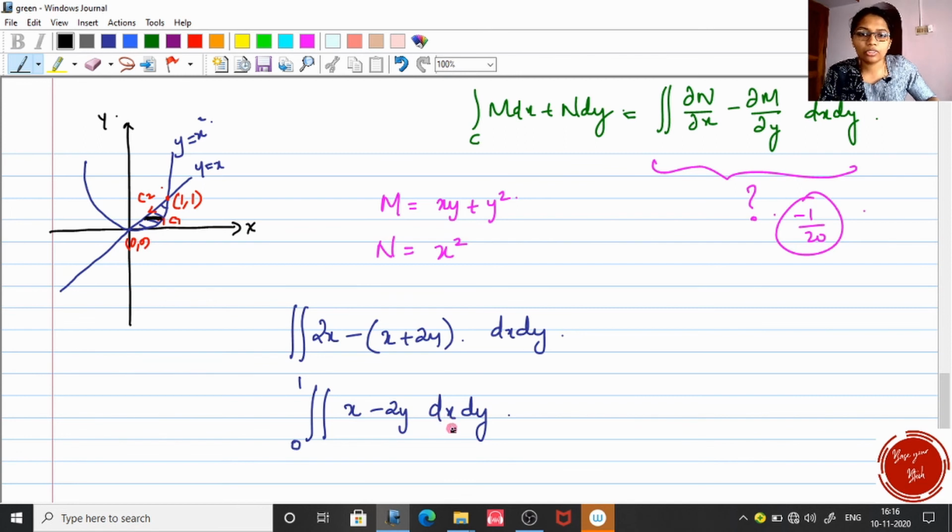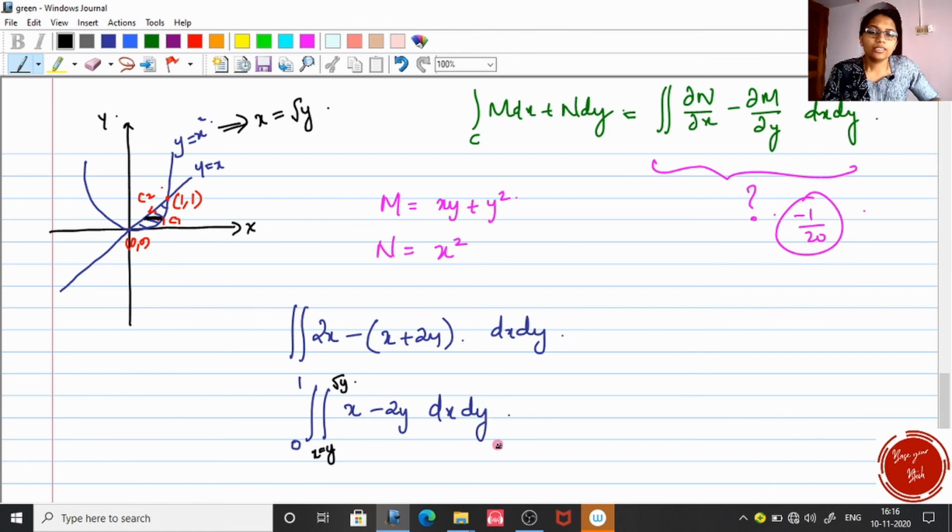Since we have to take the range of x, we can write that x is equal to y here. The right side boundary is y equal to x square. Since we have to make the equation for x, we can write it as x is equal to root y. So, that becomes your upper limit, which is root y.